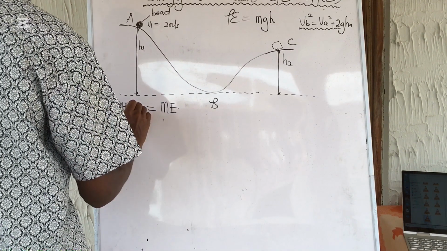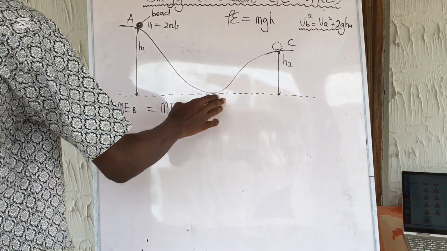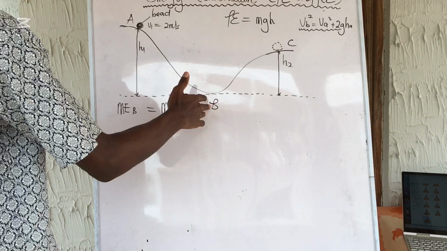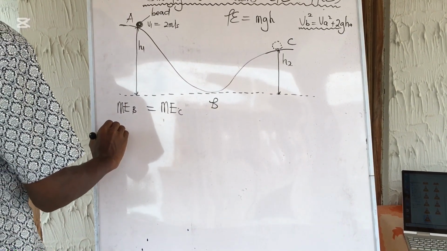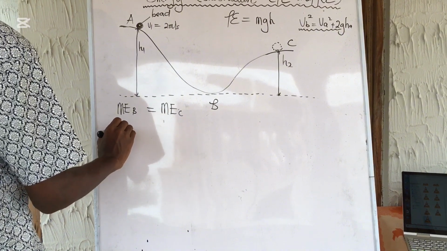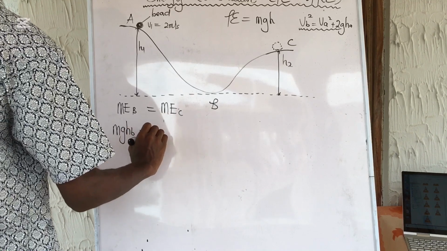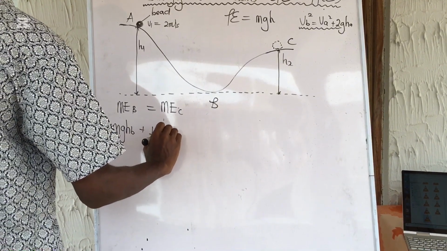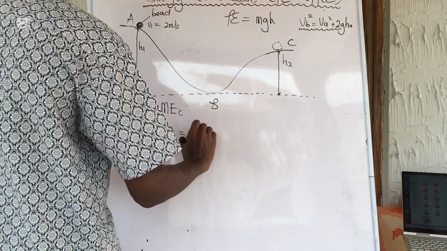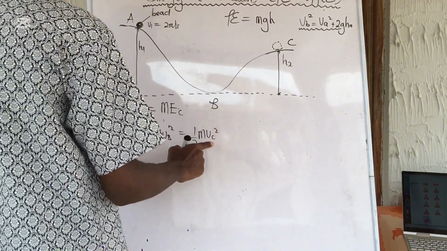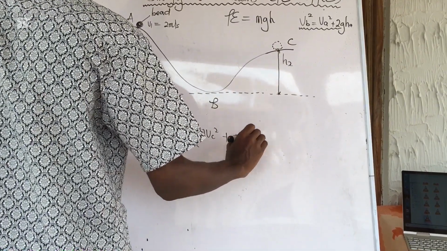So we are still having point B and point C. At point B, we do not have any height, so our potential energy is 0, and our mechanical energy alone, which is mjhb plus half mvb square, is equal to half mvc square, which is the speed at point C, plus mjhc.